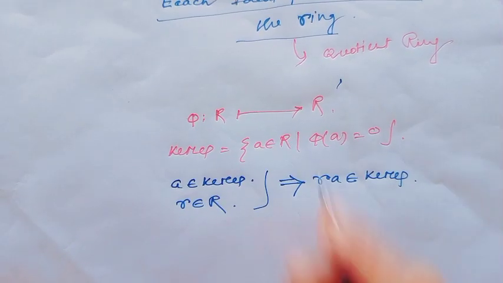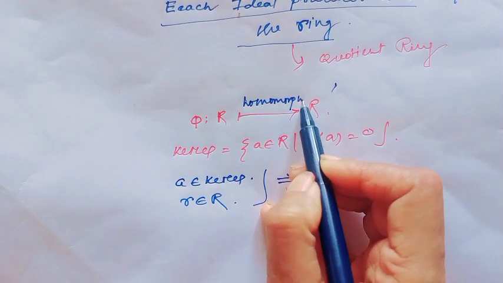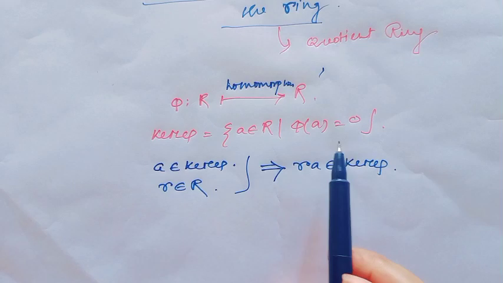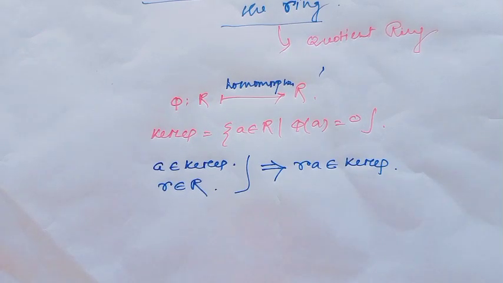Consider this ring homomorphism phi from R to R'. Kernel means the set of those elements a in the ring R such that phi(a) equals 0. We have to prove the kernel is an ideal.